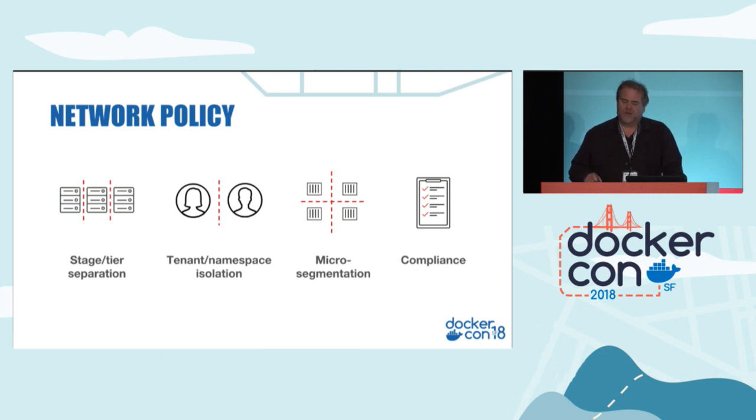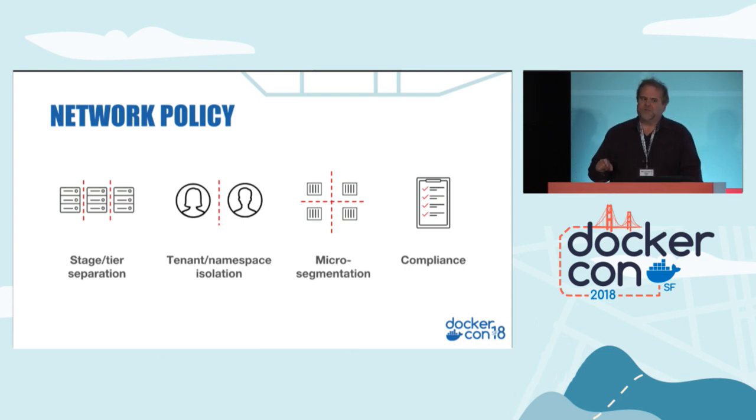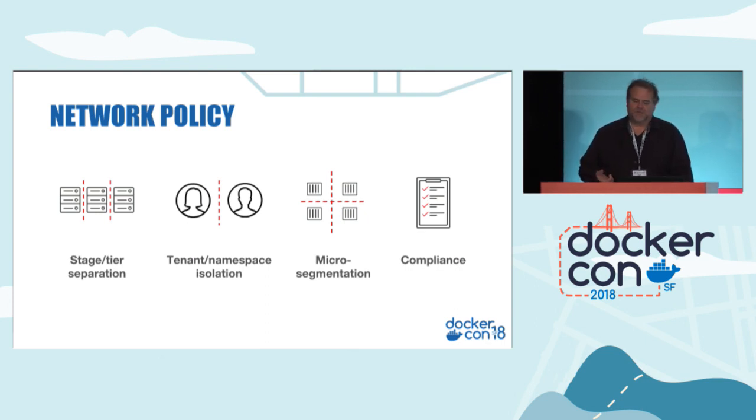Calico takes a very different approach, and Kubernetes, to a certain degree, takes a different approach, in that the networking is separated from network policy. Instead, we have a construct called network policy where you basically define what can talk to what. The way that gets rendered is different for each plugin. The way Calico does this is we do filtering right in front of the workloads. You can use this for something very coarse, like stage tier separation, dev test prod, tenant, Coke can't talk to Pepsi.